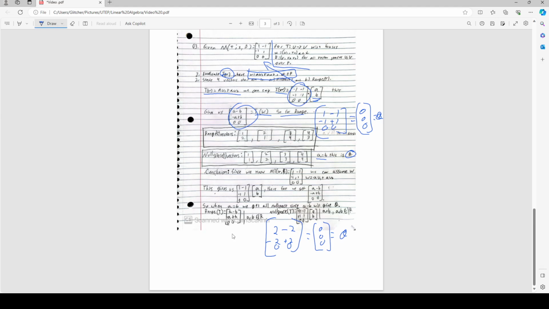That works, right? So in conclusion, since we know what MT alpha beta is, which is here, matrix 1 minus 1, negative 1, 1, and 0, 0, we can assume that W is AU1 plus AU2, and this will give us this.